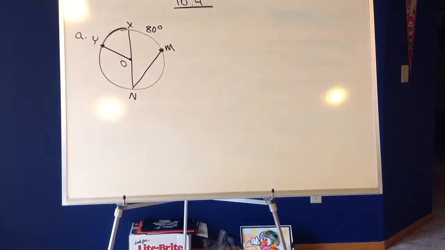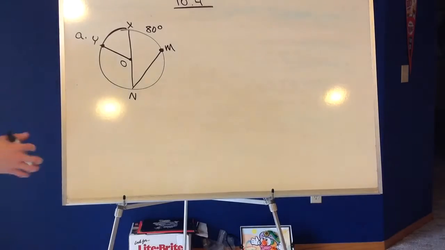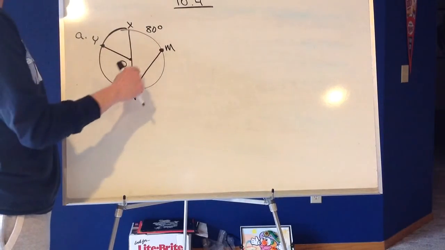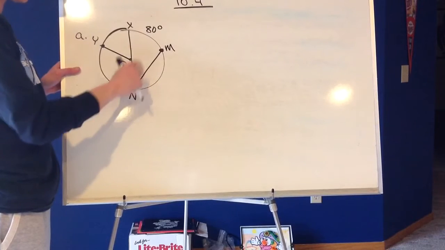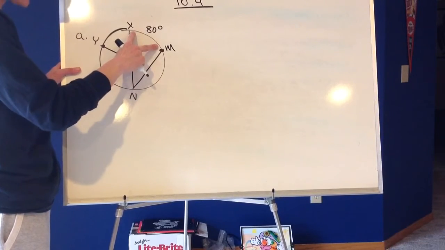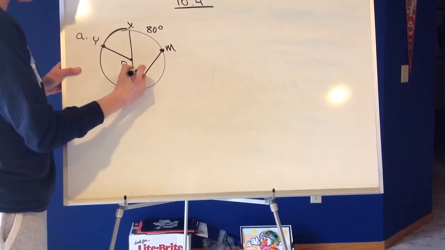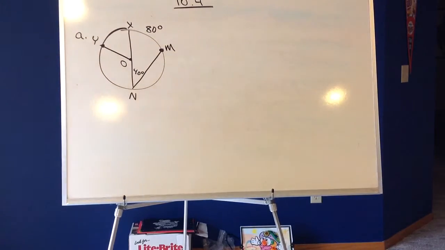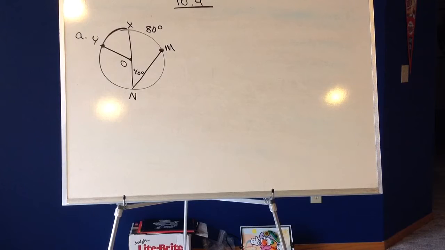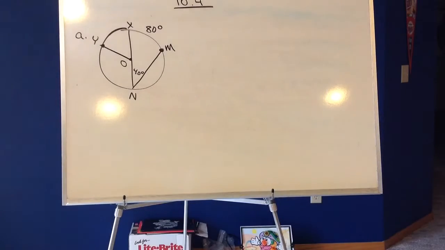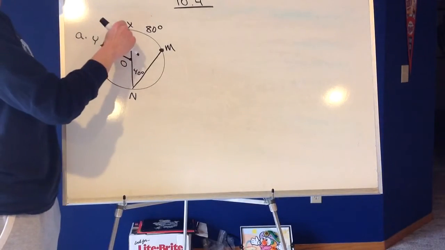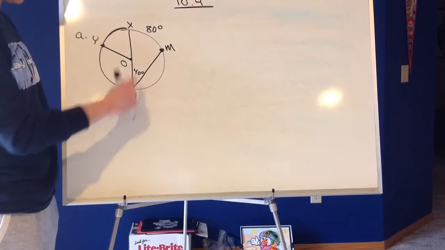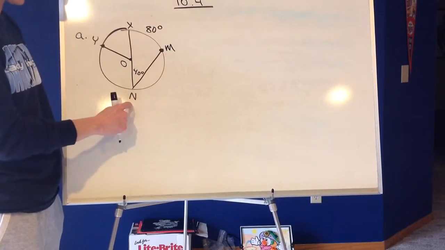The first one it asks you to find is angle XNM. So X, N, and M would be this angle right here. It is the inscribed angle if this is the arc. So that means it would be half as big, so it would have to be 40 degrees for that angle. The next one it asks you to find is arc XN. We could go either direction, remember, because it is on the diameter.